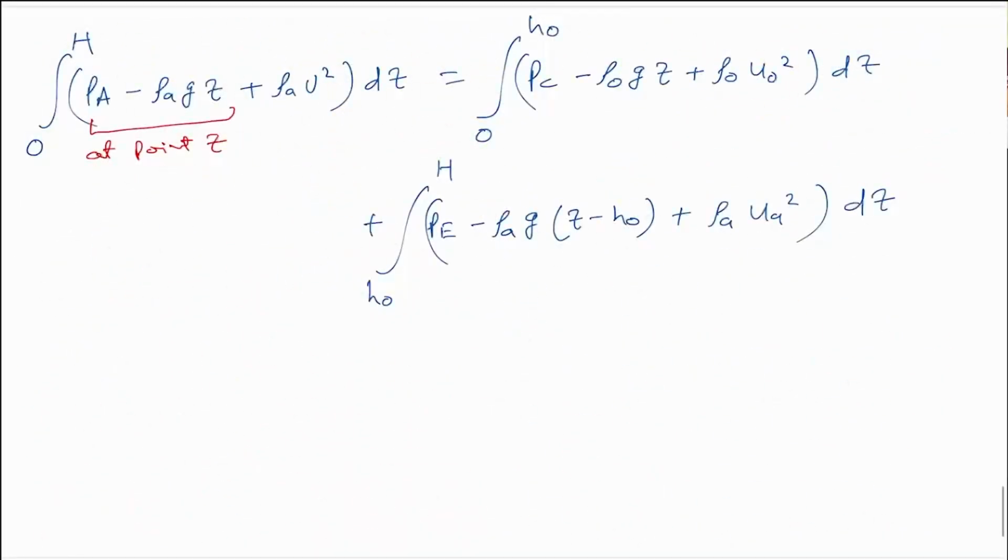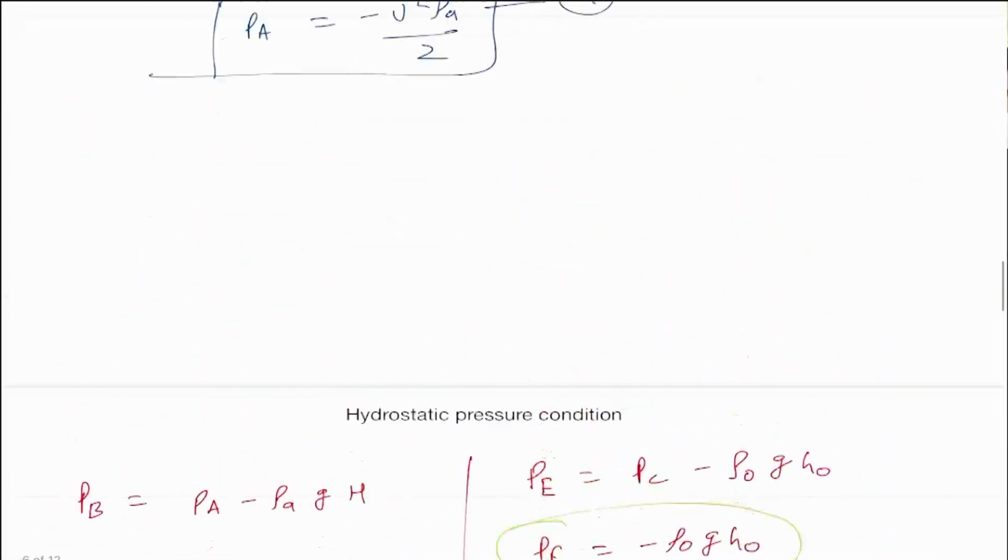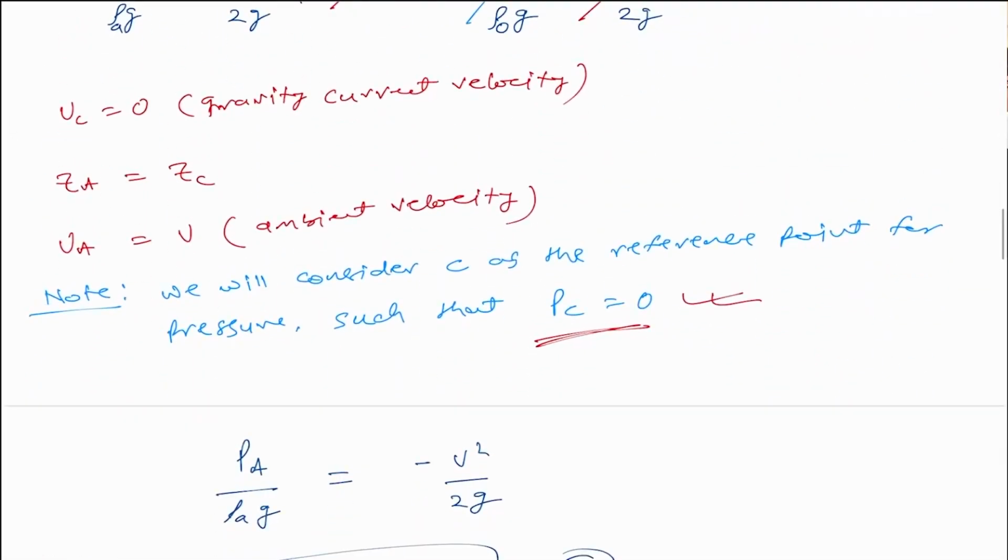Okay, so here we will recall a few things. First is that we consider Pc to be 0, that is our reference pressure. So here we consider Pc to be 0, right?